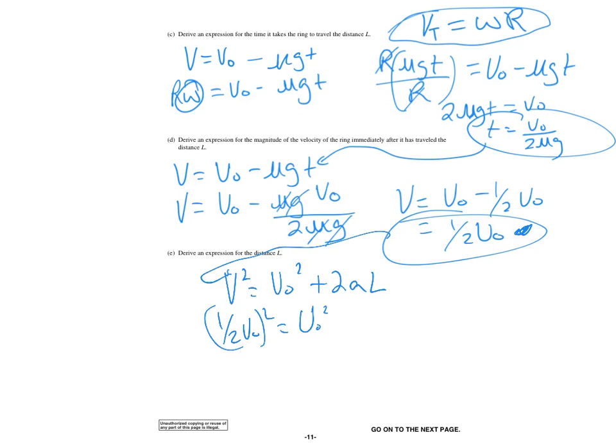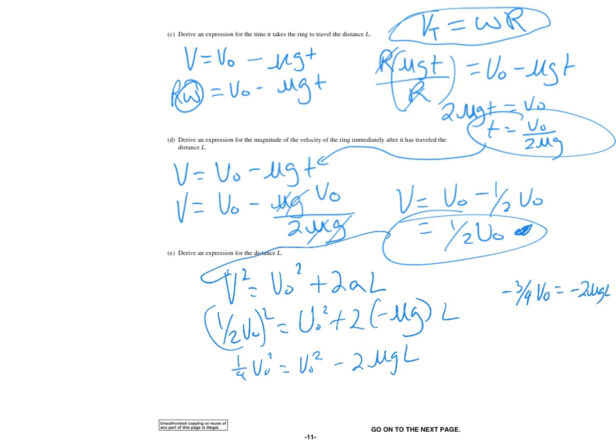It's one of the fundamentals. And then plus 2, and I'm going to do minus μg, because that's the formula I found for acceleration at the very beginning, times L. Now I'm just going to work through this. So we got 1/4 v0² = v0² - 2μgL. I'm solving for L, so I just got to do some rearranging of variables. So I get negative 3/4 v0² = negative 2μgL.